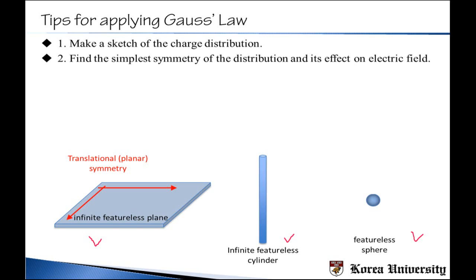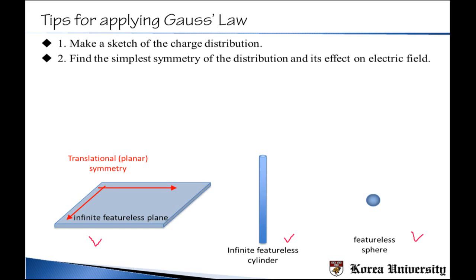Okay, the first case is the planar symmetry, which means that assuming it's infinitely long, the electric field will be the same wherever you are. If the size is not very long, the electric field will be different between the case when you are close to the center or close to the edge.